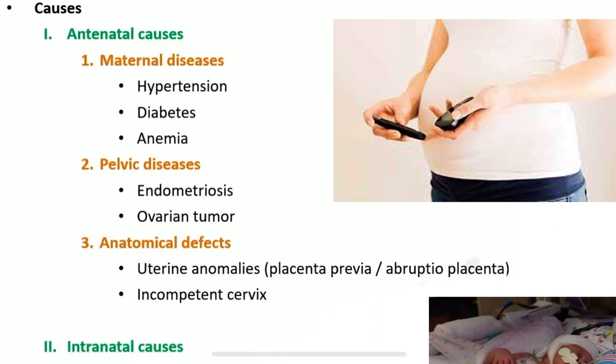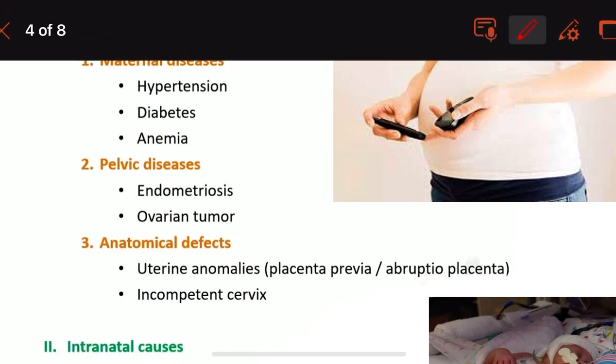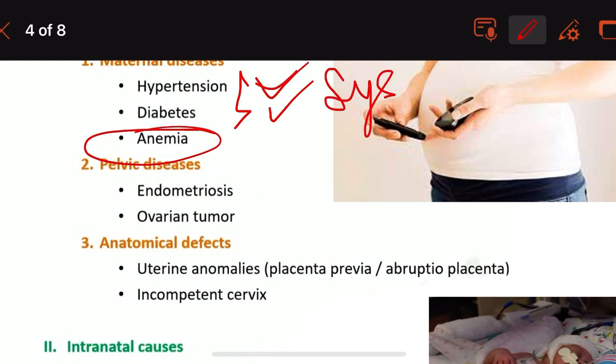It could be because of maternal systemic diseases like hypertension, diabetes, and chronic illnesses like anemia, and we have pelvic diseases. Anemia could be because of the pregnancy as well, and these chronic and systemic illnesses present in the mother lead to perinatal mortality.